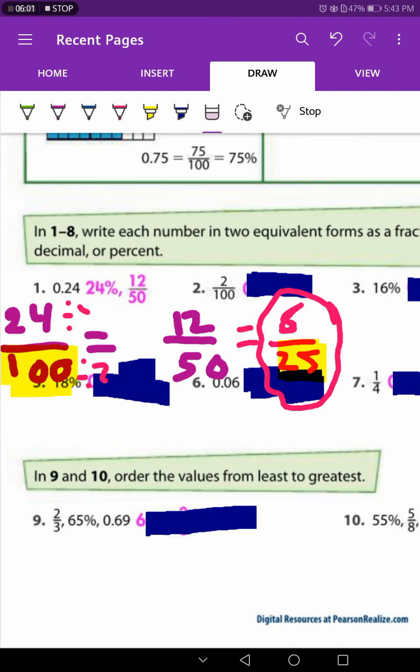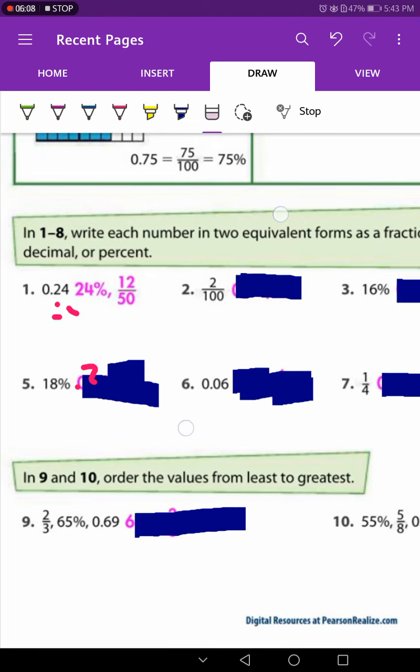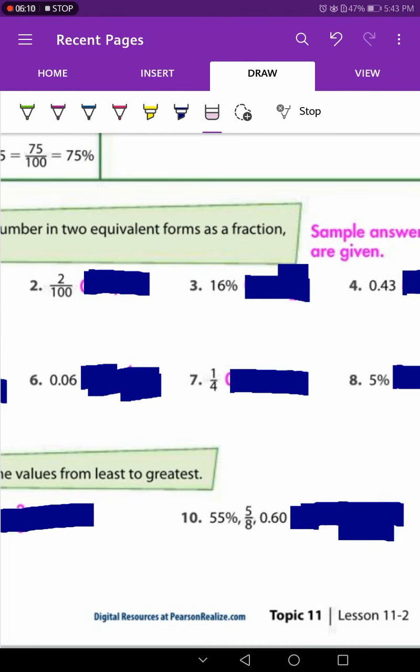Let us see the answer. Okay. This is question number 1. Question number 2, Ayman. 2 over 100, or we can say it 2%. Okay. Or we can write it 0.02.